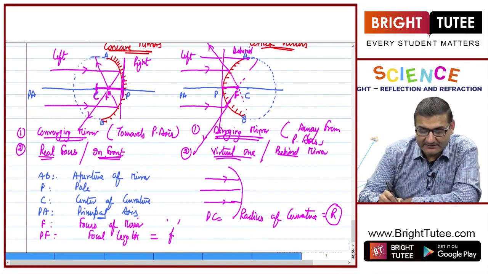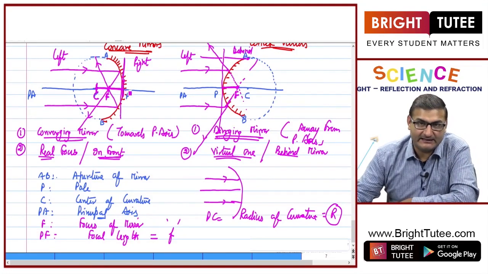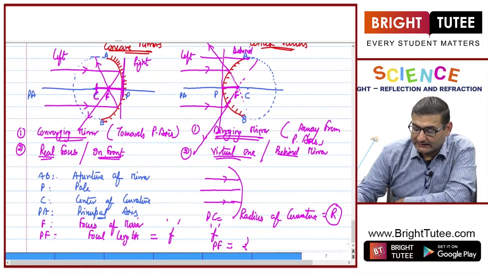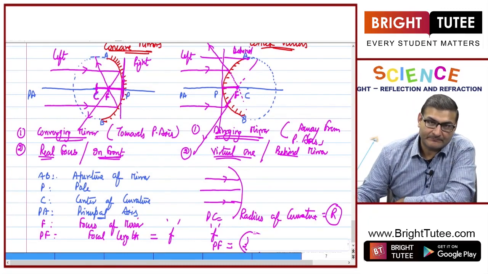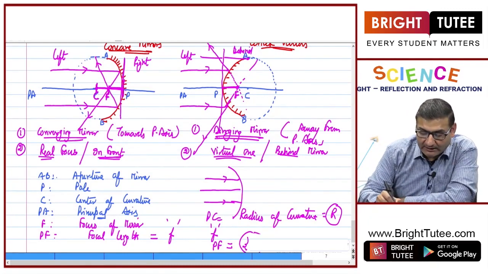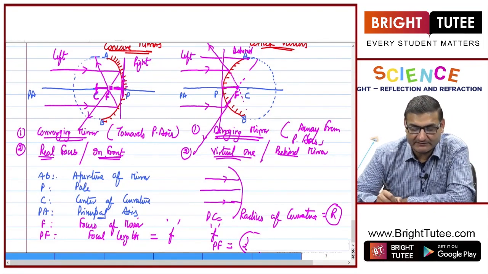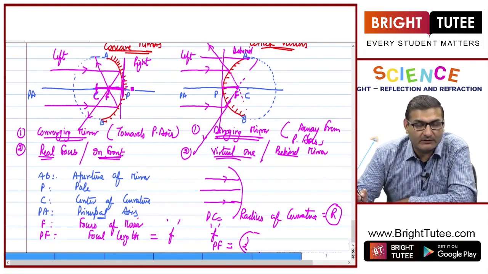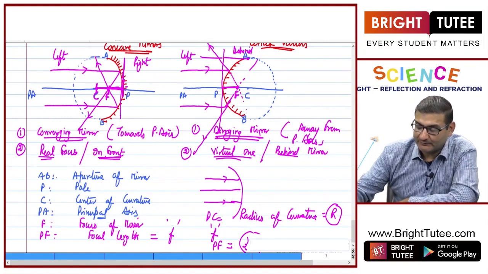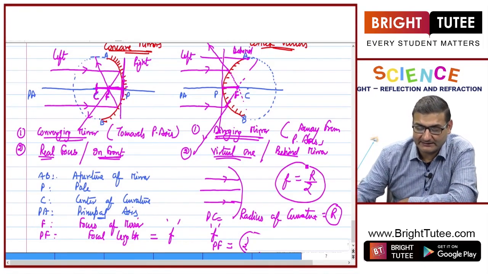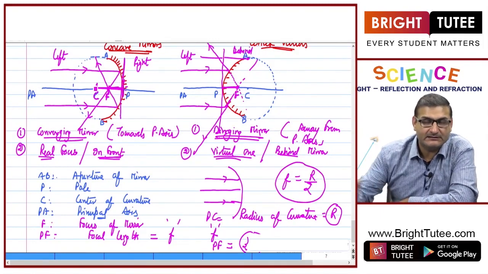It means F is the midpoint of P and C, and in other words we say that the focal length, which was actually PF, is half of the radius of curvature. Or we can say that the radius of curvature is twice the focal length. This we will be using later on: focal length is half of the radius of curvature, meaning F is the midpoint of P and C.